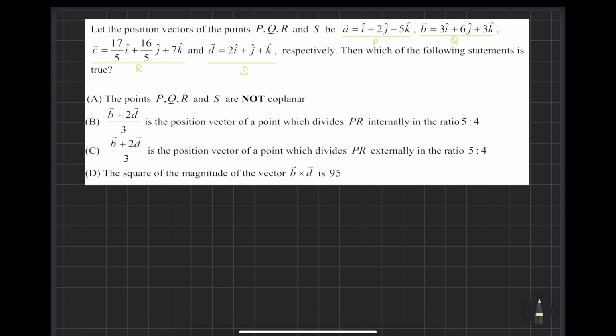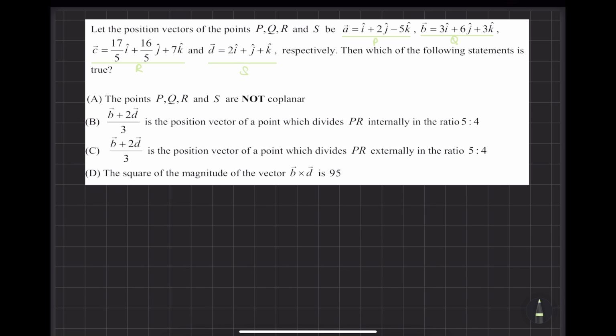For coplanarity, you know that we should go with the scalar triple product, correct? Now, first we will find out the scalar triple product. But for the scalar triple product, we need three vectors, correct? Now, using these 4 points, can you find out three vectors?